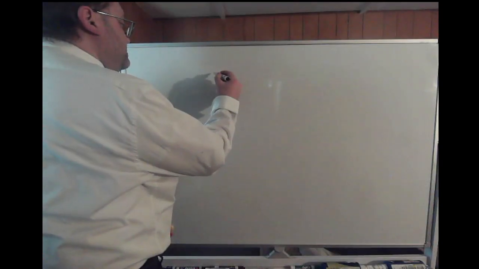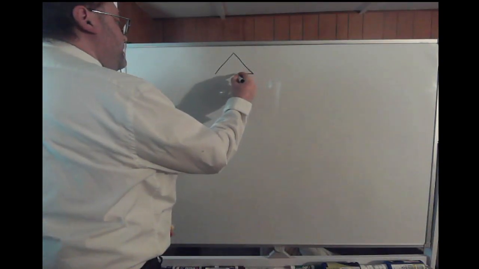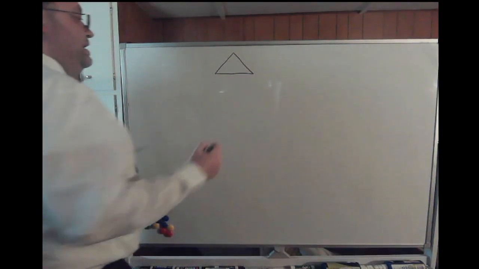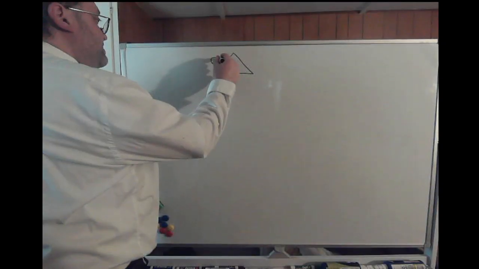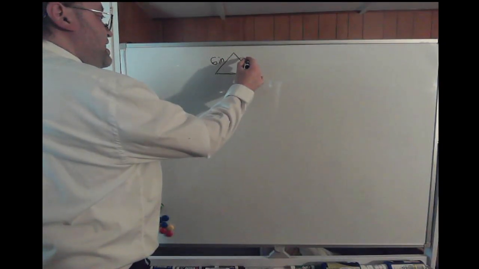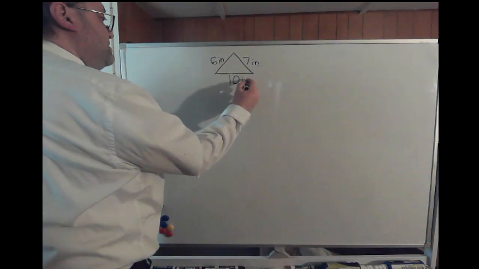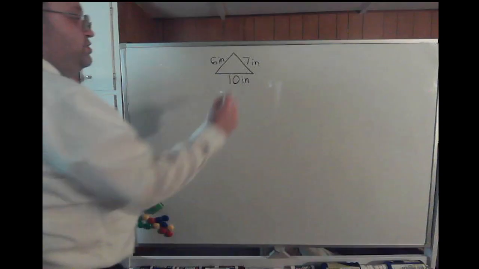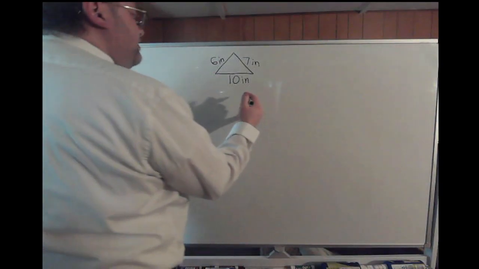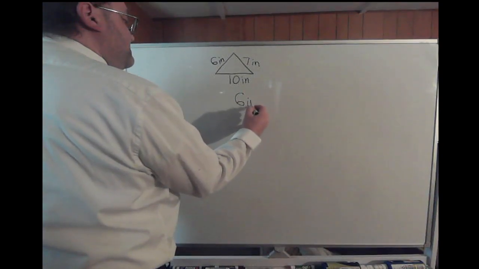So let's start with the triangle, for example. Let's say you have a triangle, right? And you have one side, let's say 6 inches, another side we'll say 7 inches, and then one side 10 inches. If you want to find the perimeter, which is just the distance around the triangle on the outside, all you have to do is just take the sides, add them together.